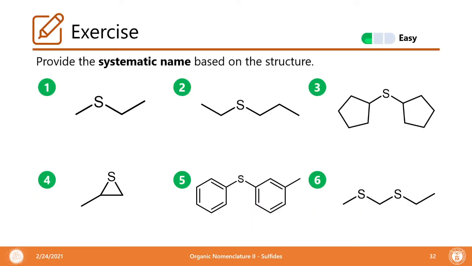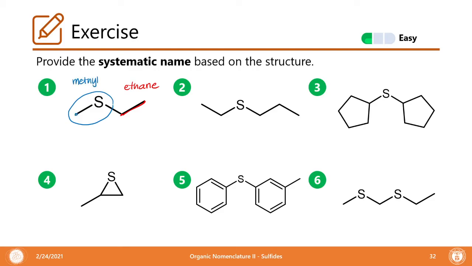Okay, so let's do some exercises. Let's try this in a similar way. Similar to the ethers, we will look at the 2 alkyl groups connected to this sulfur atom and look for the longest chain. Here we have 2 carbons, so we have an ethane. Now let's look at the substituent.